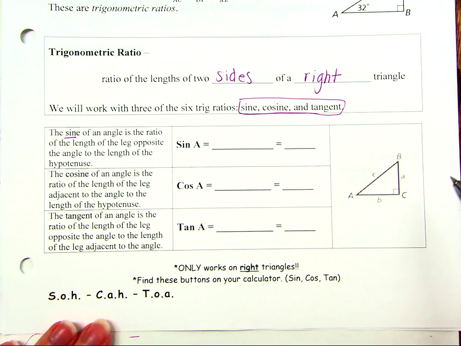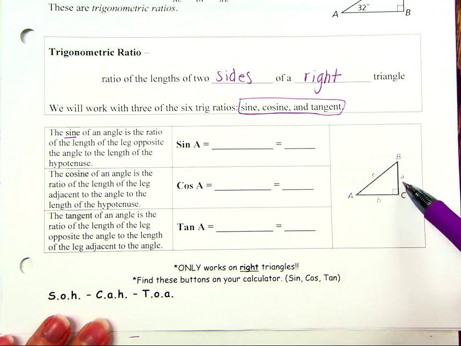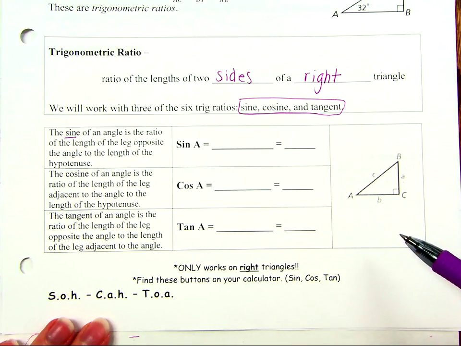If you look at my triangle over here, triangle ABC, we have the angles labeled with capital letters, and my sides are labeled with the lowercase letters. You'll notice that angle A and side A are across from each other, angle B and side B across, and so on. We're always going to set up or view our triangles like that.